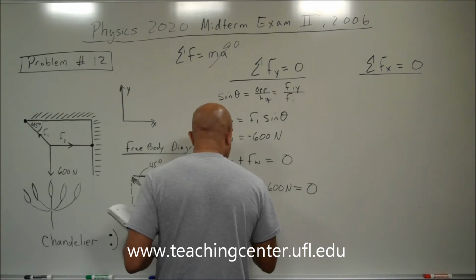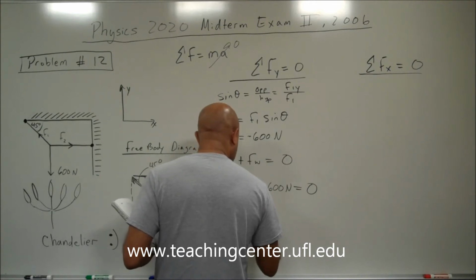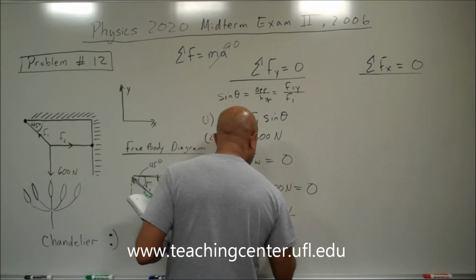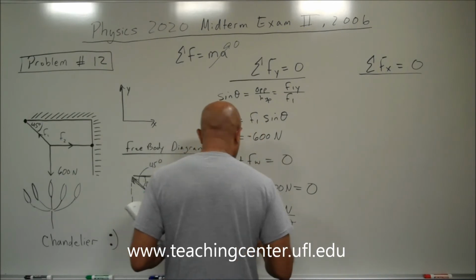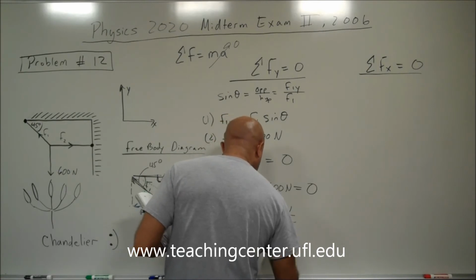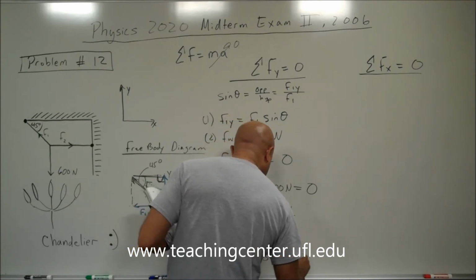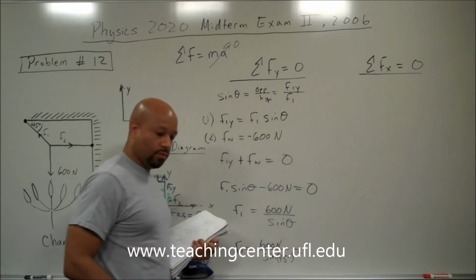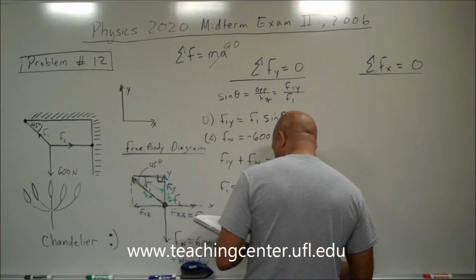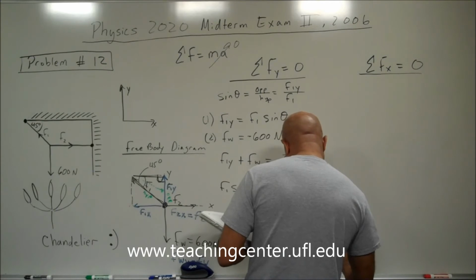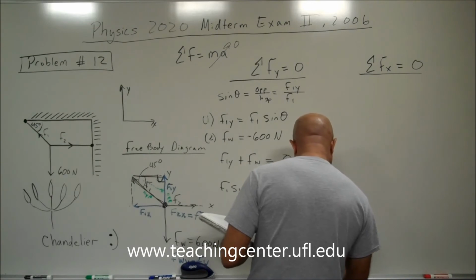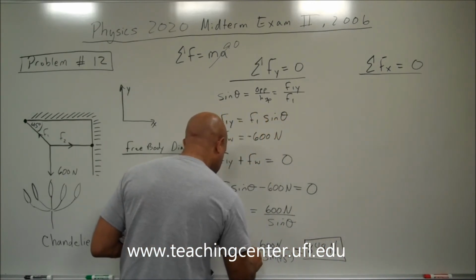F1 is equal to 600 newtons, taking the 600 to the other side, divided by the sine of theta. So F1 is equal to 600 newtons divided by the sine of 45 degrees. When we plug this into the calculator, we get approximately 848 newtons. So this is what F1 is.